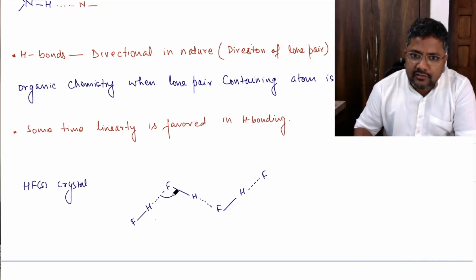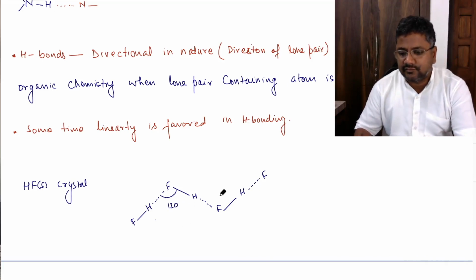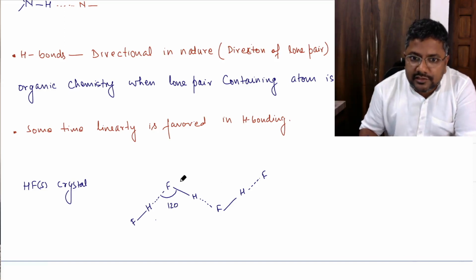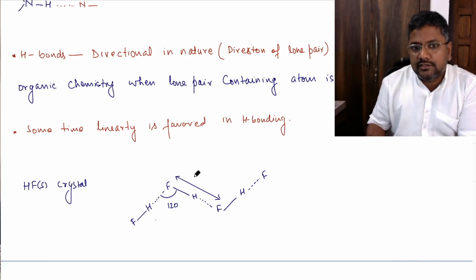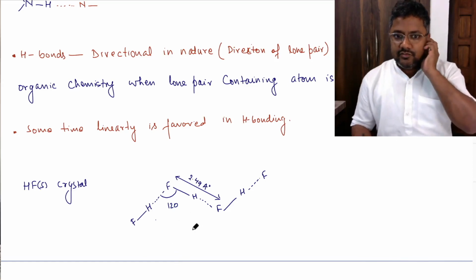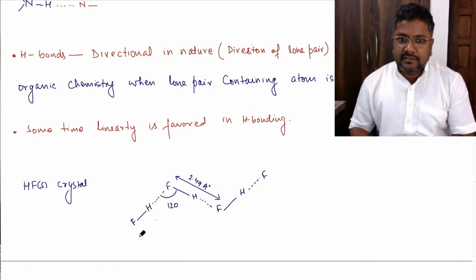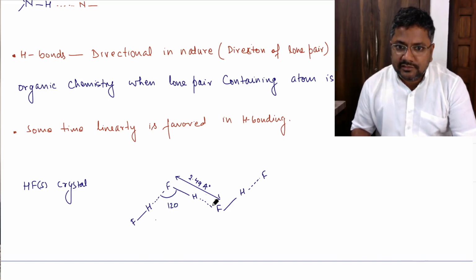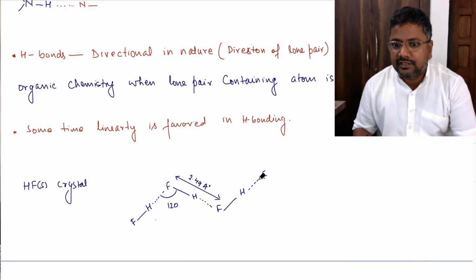So this bond angle we found here is 120 degrees, and from here to here, this length is 2.49 angstrom, right? So if you see in this region, from here to here, it will try to maintain linearity. The bond angle around fluorine is different.